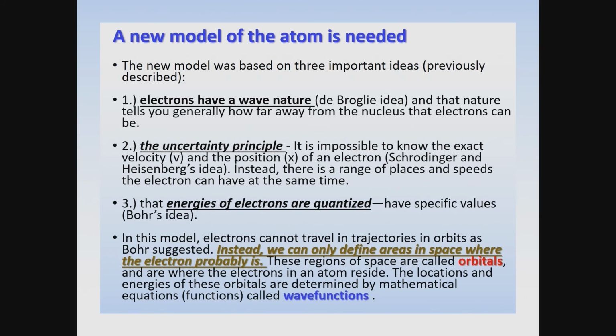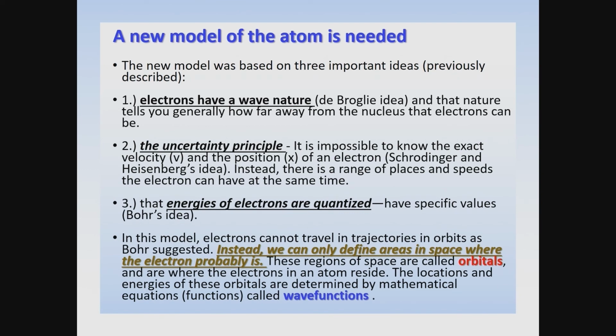Putting this all together, when you look at electrons in an atom, we'll never know exactly where the electron is because we cannot define a trajectory for it. But we have some idea of the probability of how far away the electron will be from the nucleus.